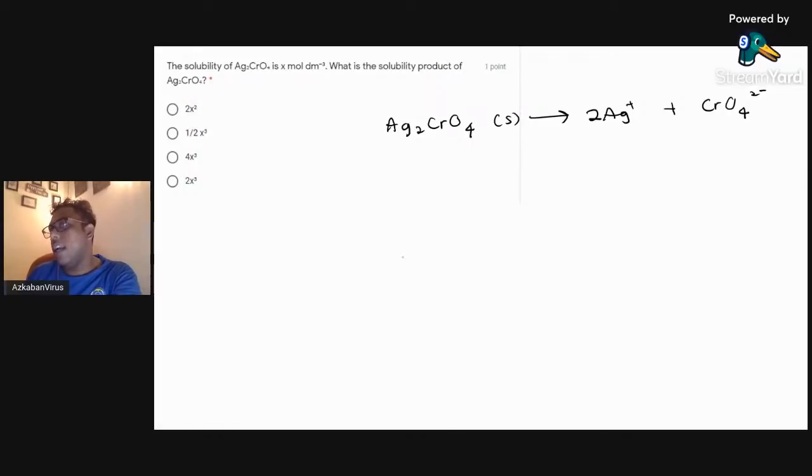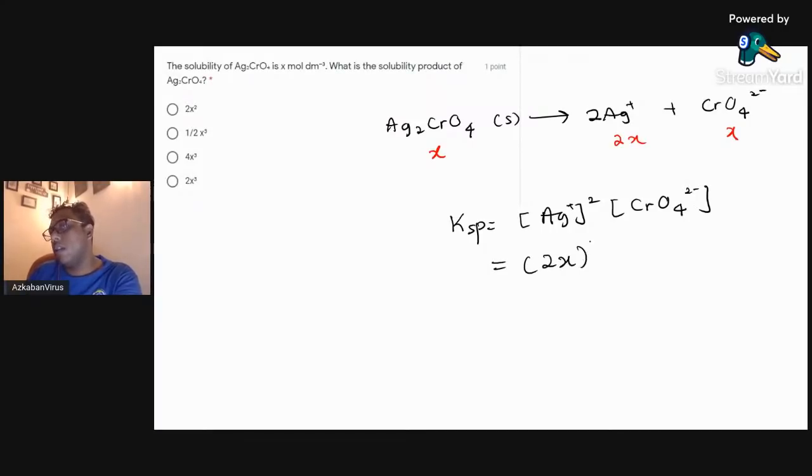So kalau ini adalah X, so ini akan jadi 2X. Ini adalah X. So kita tahu bahawa KSP is equal to Ag plus square darab dengan CrO4 2 minus. Ini adalah 2X square darab dengan X, which is equal to 4X cube. So ini soalan jawapannya.